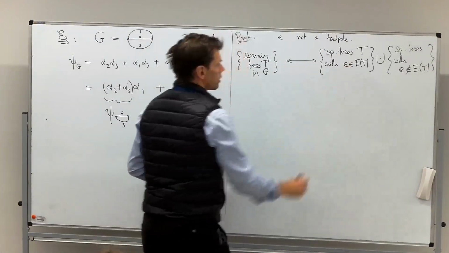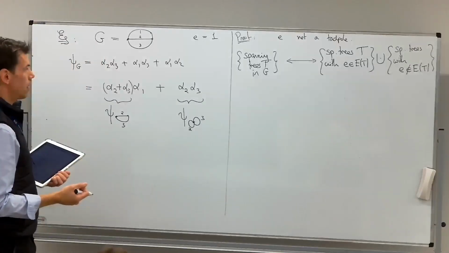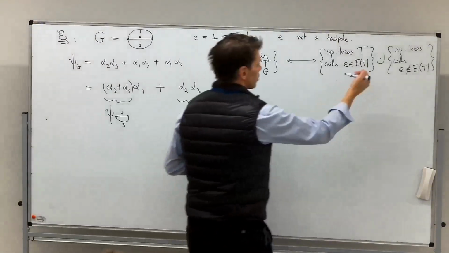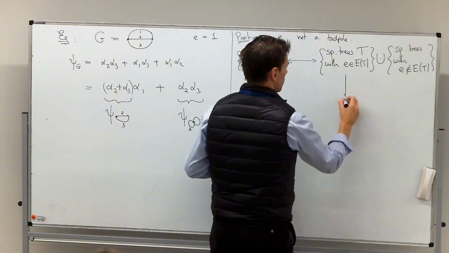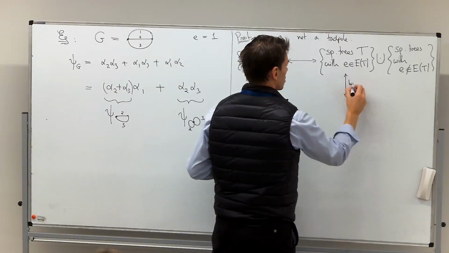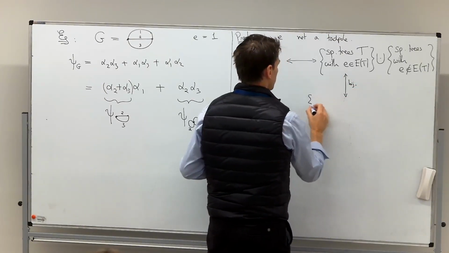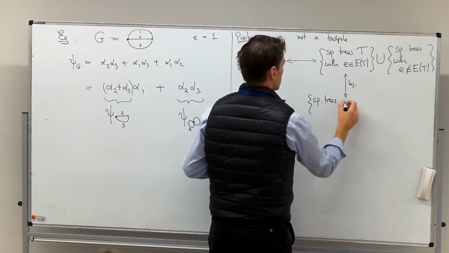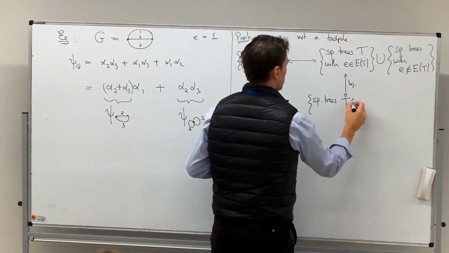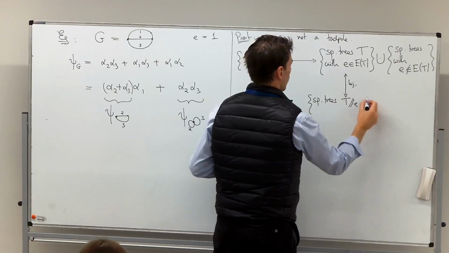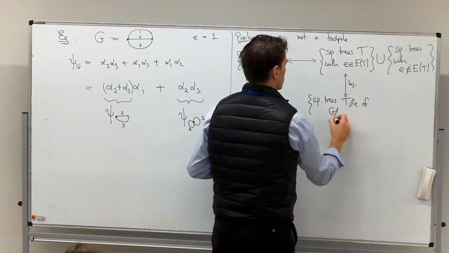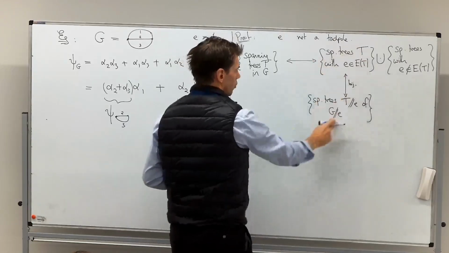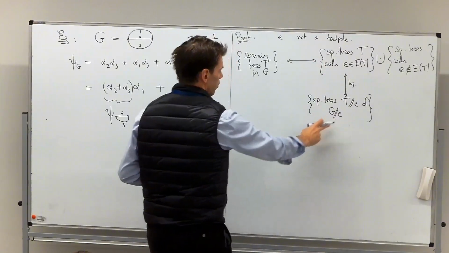Now the set of spanning trees which contain e, what we can do is we can contract e, so that you can show that this is a bijection with the set of spanning trees T contract e of G mod e. So given such a spanning tree, you can contract it to get a spanning tree of the quotient.